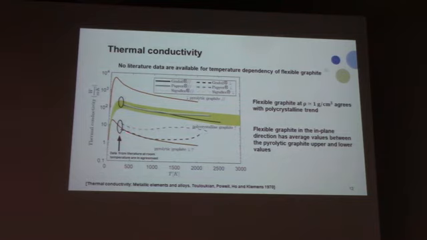So all the data seem to fall in this range defined by pyrolytic graphite, and this is also a proof that we can model this material as a mix both of the solid content, but also of the orientation. The orientation of this structural unit is very important to model this material.